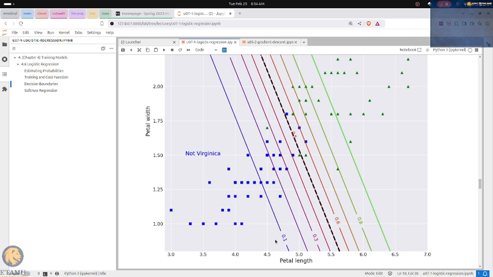Again, there's no linear separator that will get all of the Virginica on one side of it for these two parameters, and all the not Virginica on the other side of it. But this ends up being the one that minimizes the cost, that minimizes the number of incorrect classifications.